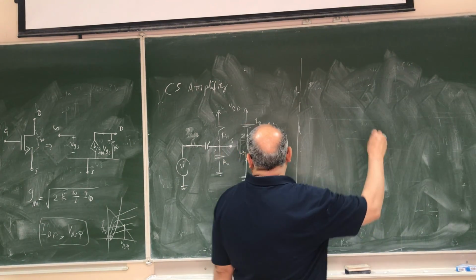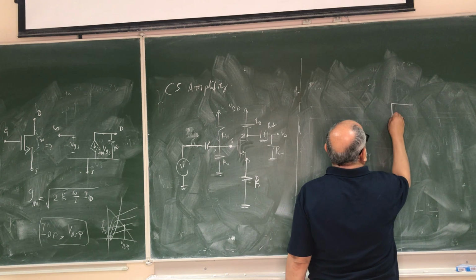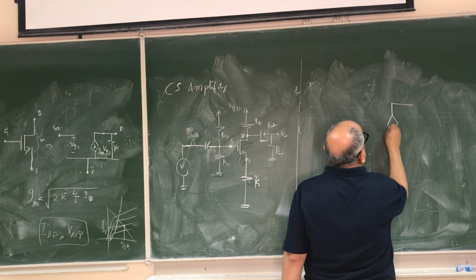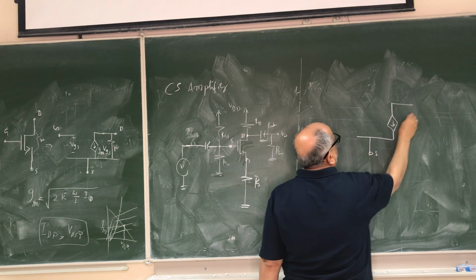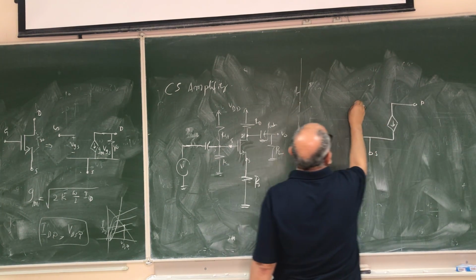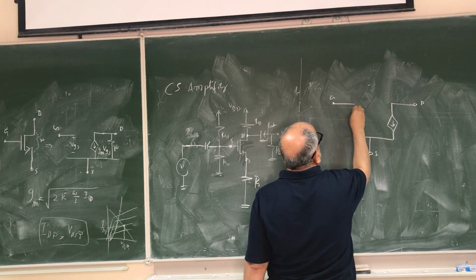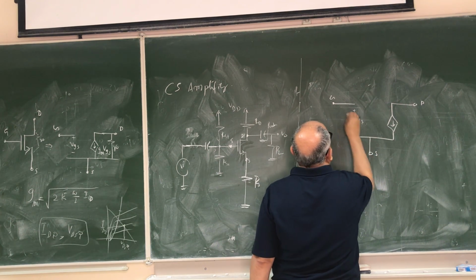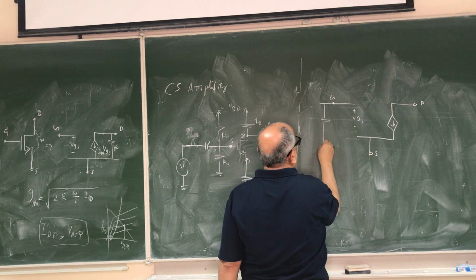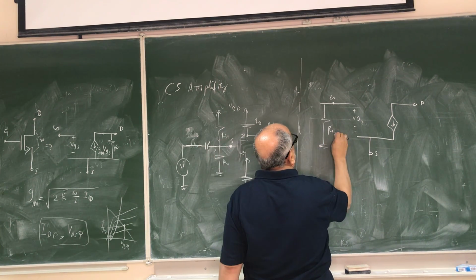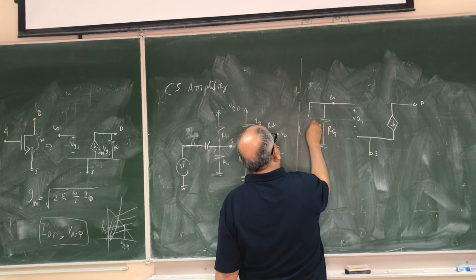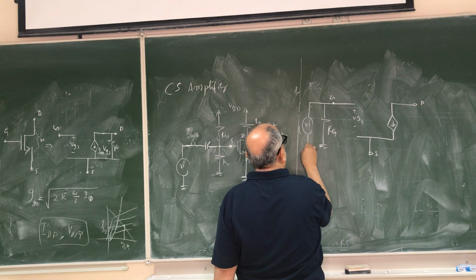Now if I want to draw the small signal equivalent using the pi model, it will be source, drain, gate here. This is VGS. From here we have the gate, resistance RG, the equivalent of the two. And then we have the source, that is VI here.